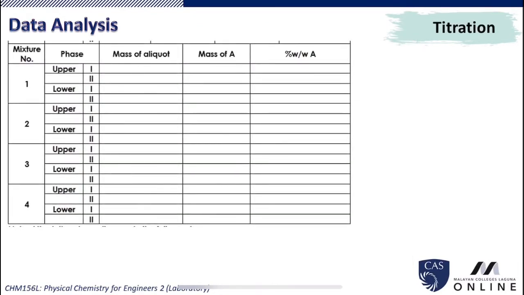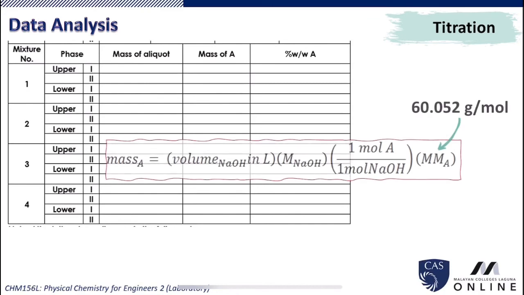So for us to be able to get the mass of the aliquot, the mass of A, and percent weight per weight of A, we need to do the following. For the mass of A, which is the mass of acetic acid, we have the volume of NaOH used in the titration. We convert that to liters, and we multiply that by the molarity of sodium hydroxide. The sodium hydroxide that we use is 1 molar.